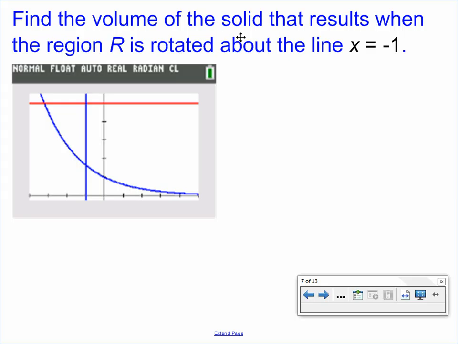We're going to spin our original region around that axis of rotation and consider the solid that results. It looks like we've got no problem. Thwack.